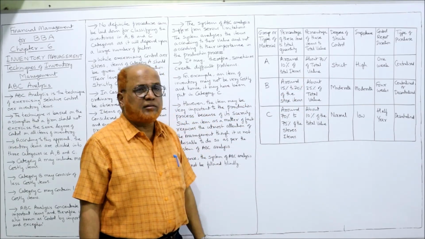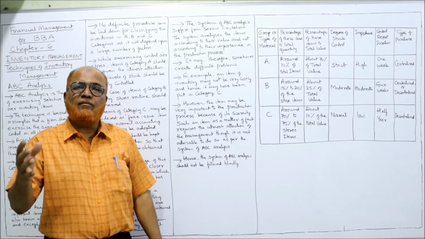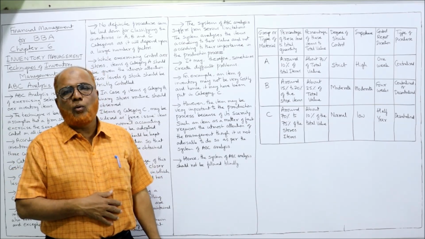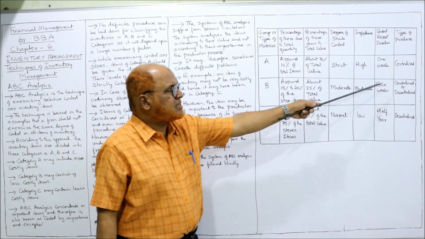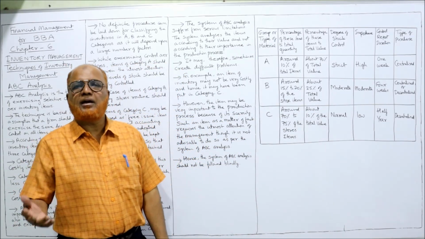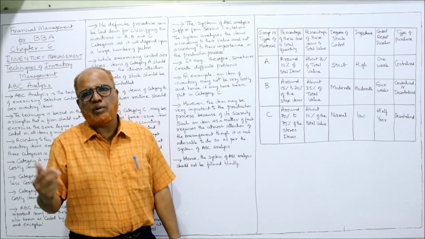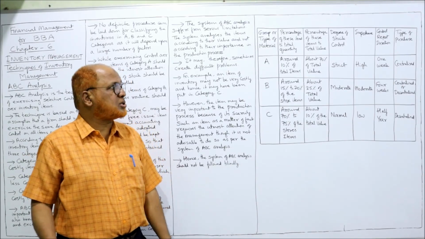Control report 4 weeks. A category item, every week control report should be made. Whereas B category, once in 4 weeks or 1 month. Then centralized or decentralized. B category item may be centralized or it may be decentralized because it's not so costly.